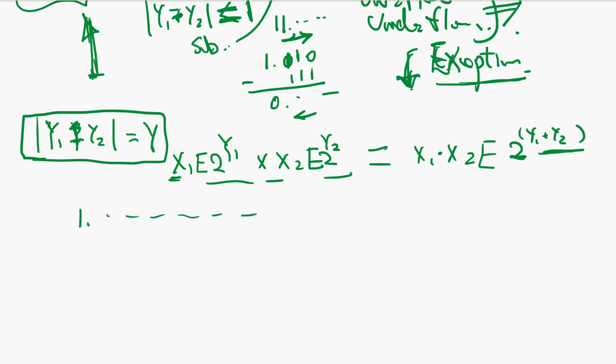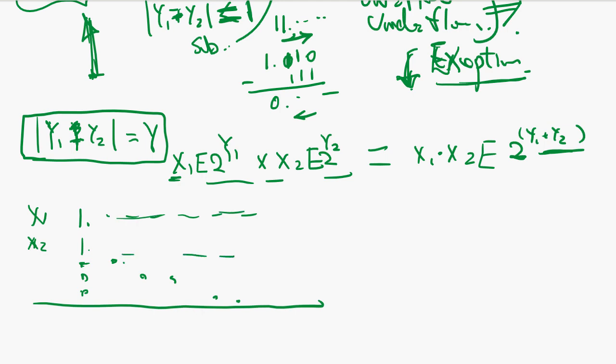This is x1, and x2 you write up this way: 1, next number, next number, next number, and this bit is multiplied to this, and we have to add them all.